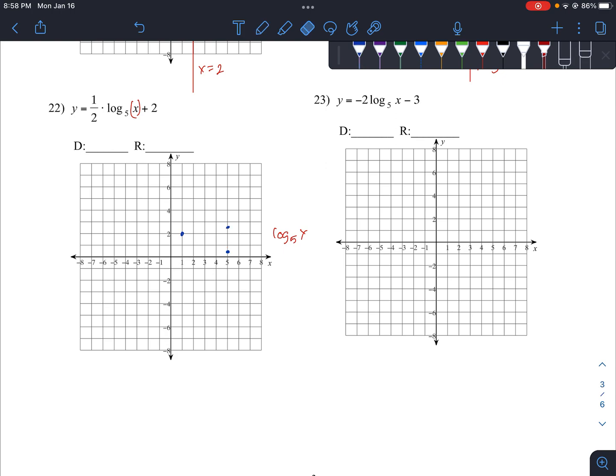And the asymptote did not change because we did not move left or right, so the vertical asymptote doesn't change. And then we have our graph, so it'll come up like this, and it'll go out like that.